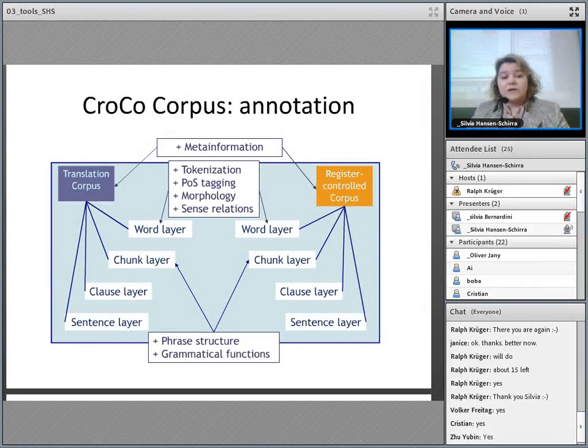We annotated our corpus with meta information, including information on the translator, the gender of the translator, and so on. But then we included linguistic information into our corpus. We tokenize the corpus and analyze it for morphology, which is important for English-German, because in German you have one word, for example Taxifahrer, which is two words in English, taxi driver.